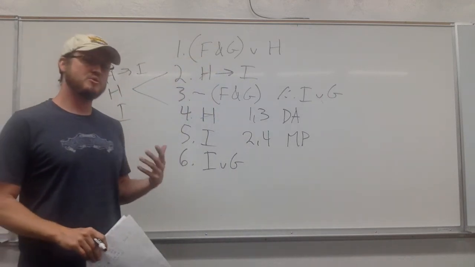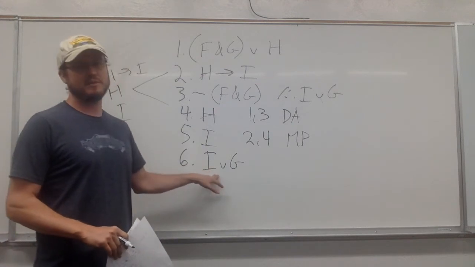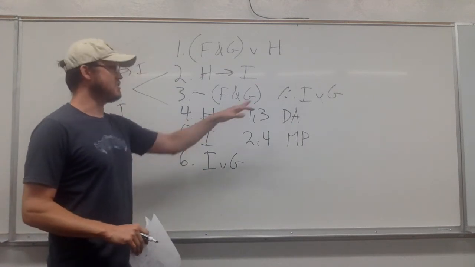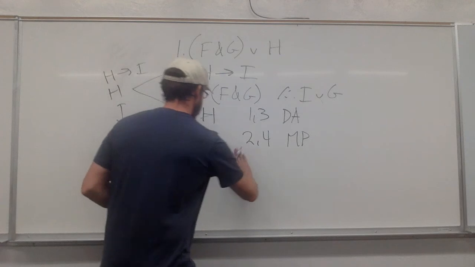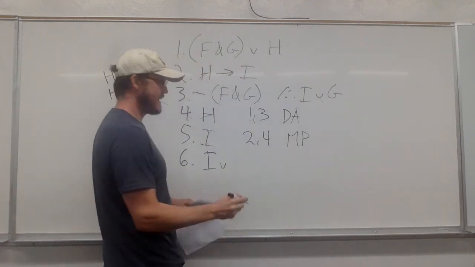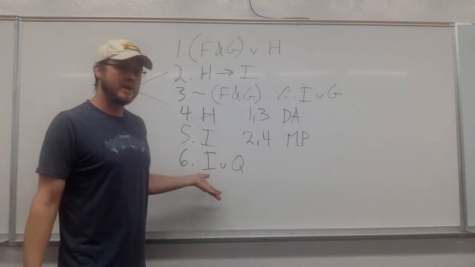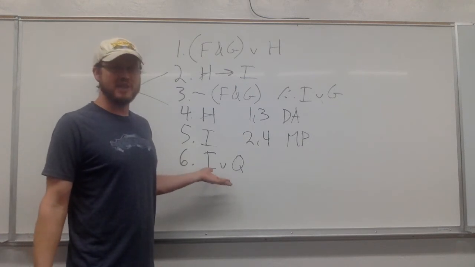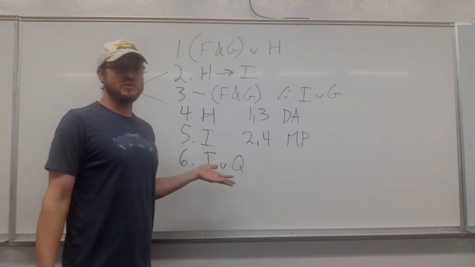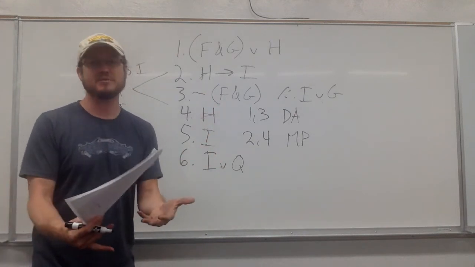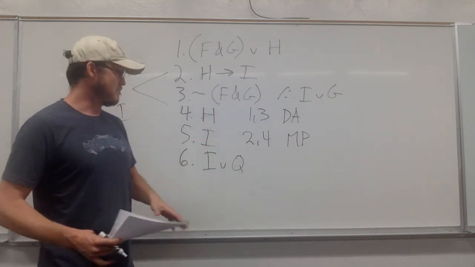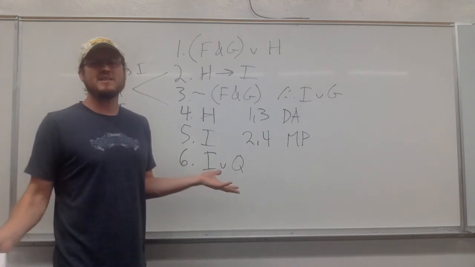You can add any term you need to an or statement. So I need the G. Now let me just point this out. Theoretically, I could add a Q if I wanted to. That's allowed within the rules. Why wouldn't I do that? Because what's the point? I don't need a Q. You're adding what you need to help you narrow down deductively the solution to the proof, right? So sometimes that's confusing. You're like, well, if I can add anything, what's the point?